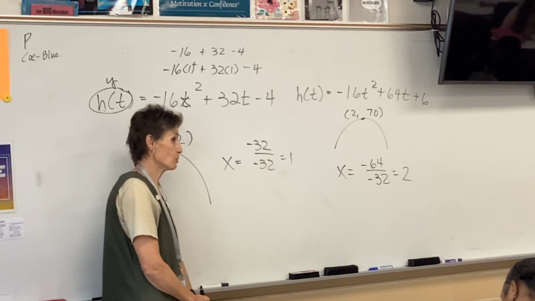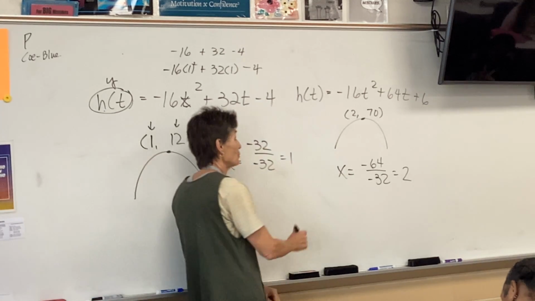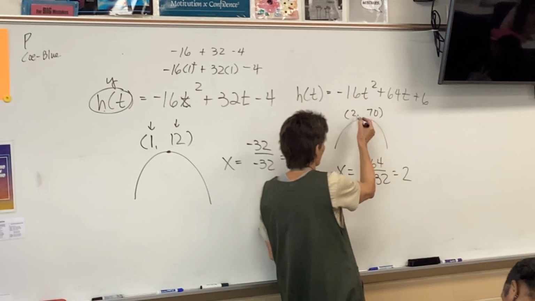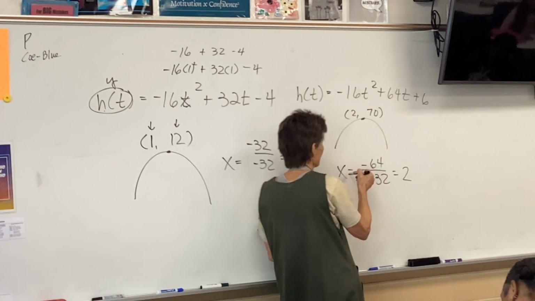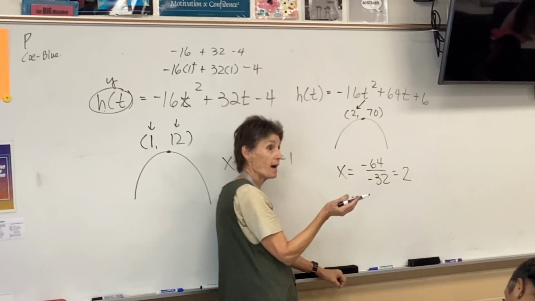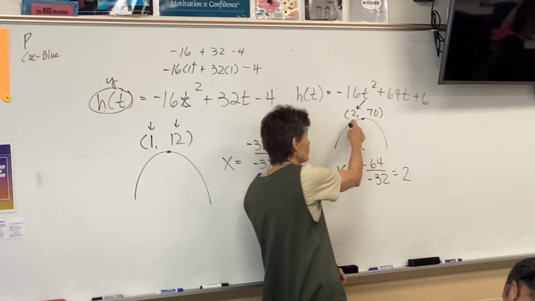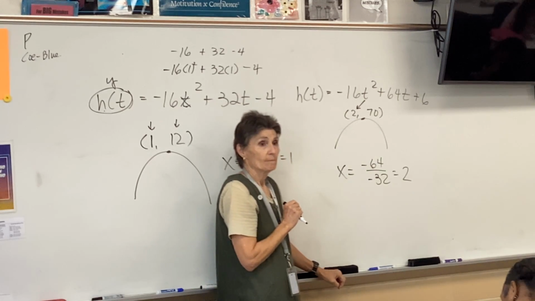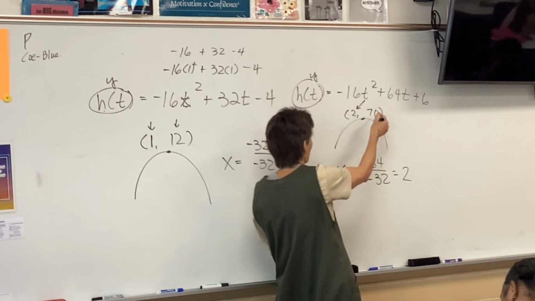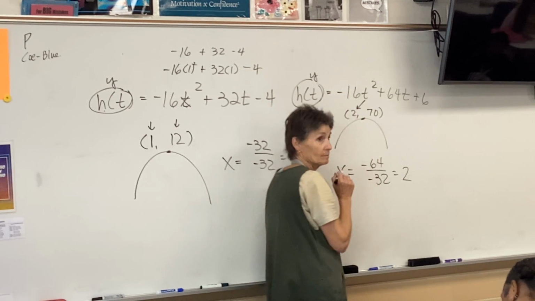Okay, now we need to answer the question. Remember, there were 2 numbers here, right? That number, I've been calling it X, but in the problem it was T, which is time. So that means 2 seconds. And that is my Y, which is my height.